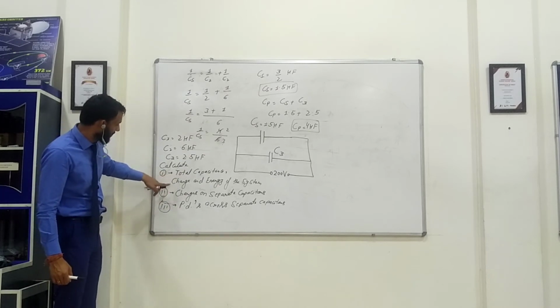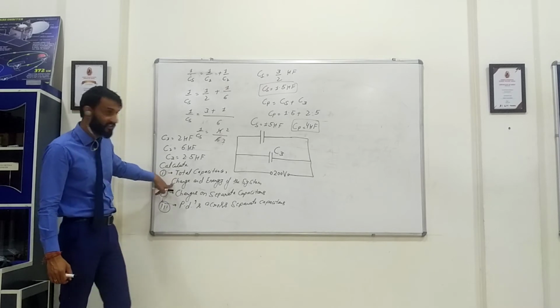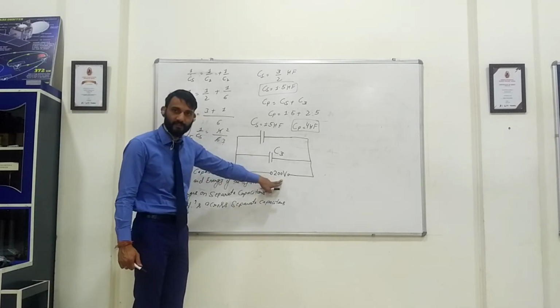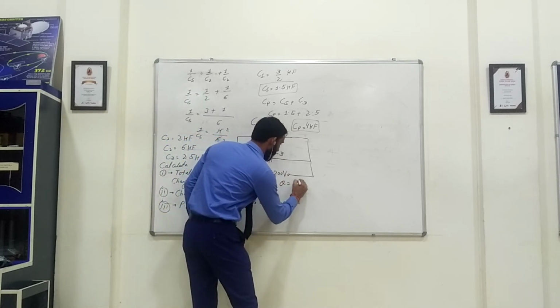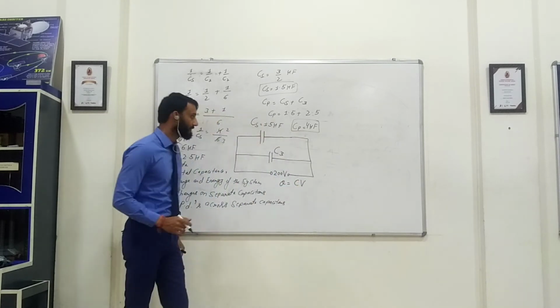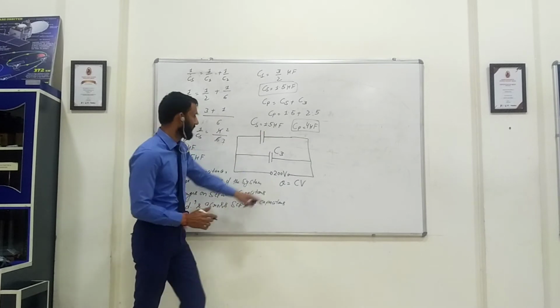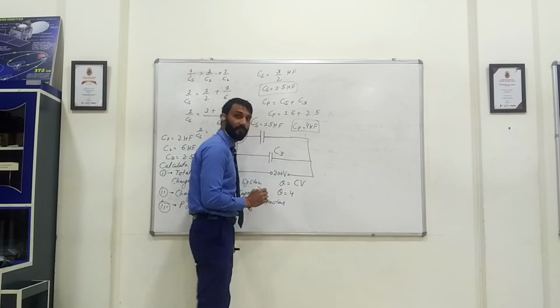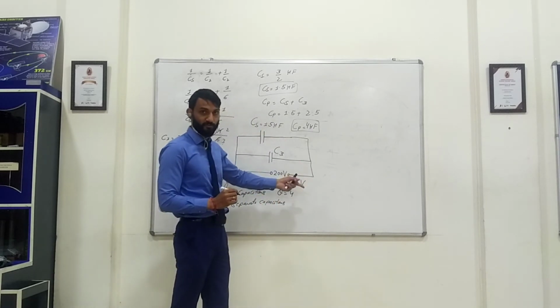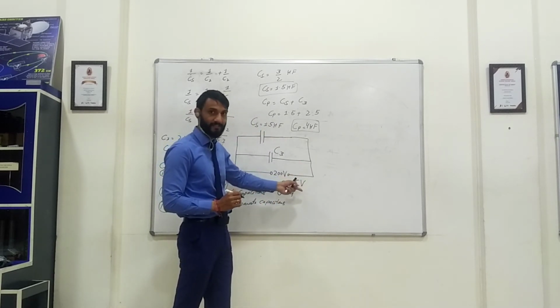Now they are asking us to calculate total charge. Potential is given, capacitance I know. So total charge, Q is equal to C times V. How much is C? 4. Do I need to convert it into farad? Answer is yes. Why?